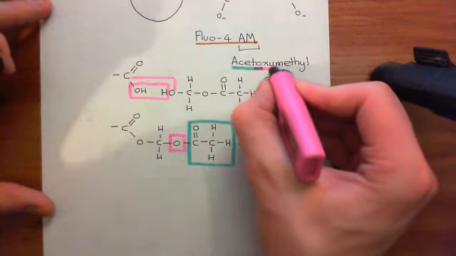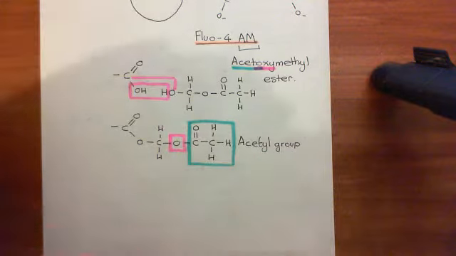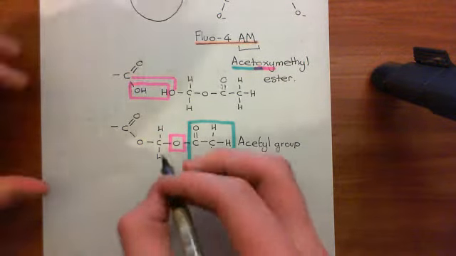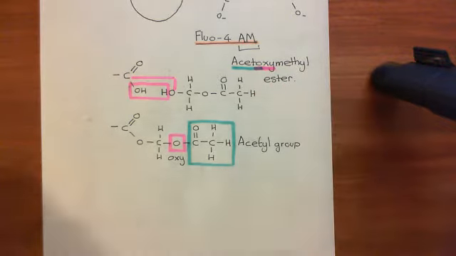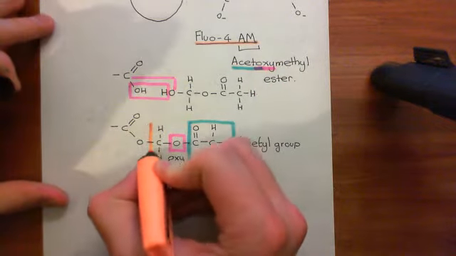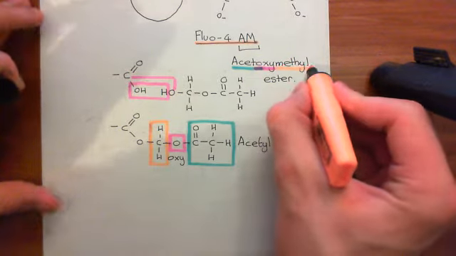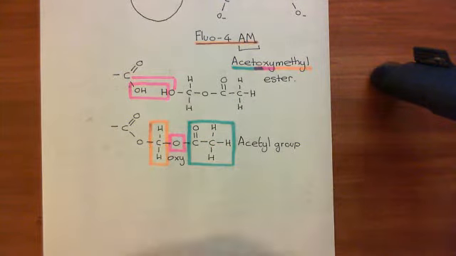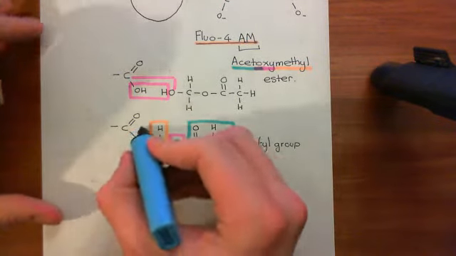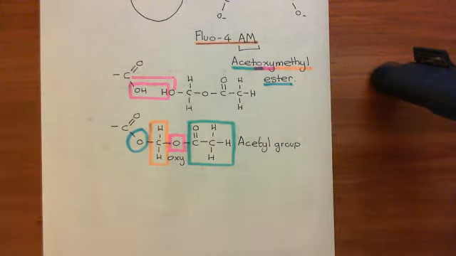That is the oxy portion of this name. So the acetoxy refers to the acetyl group and then the oxy portion. Then you've got the methyl portion, which is this methylene group here in orange. So that's the acetoxymethyl. And then the whole thing is an ester that's attached onto the carboxylic acid group. This ester link refers to the ester there.